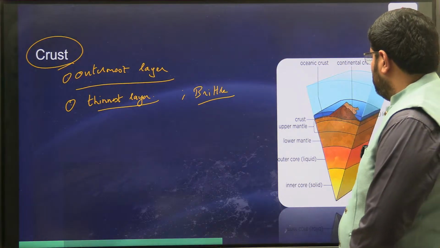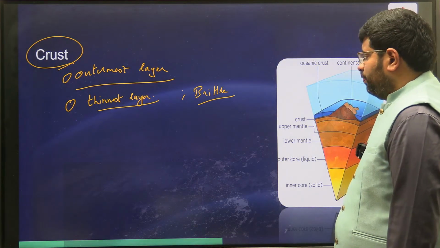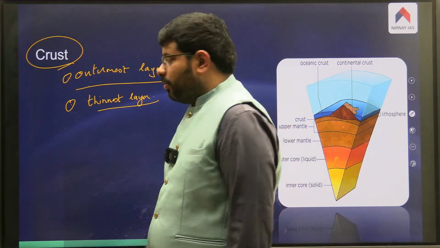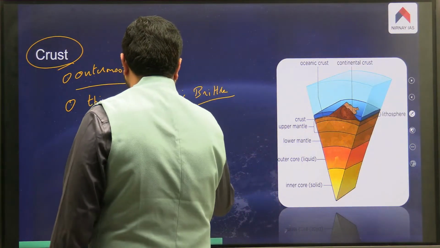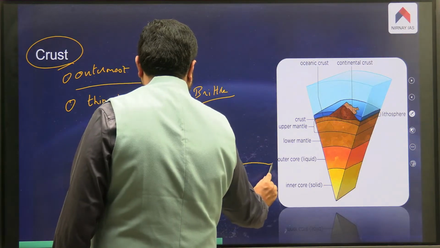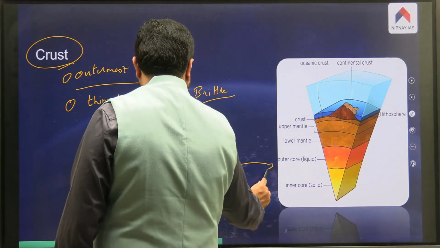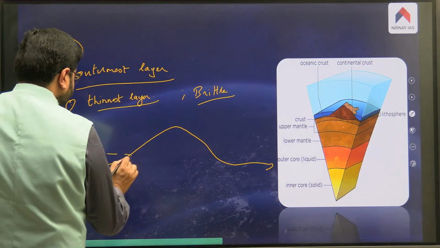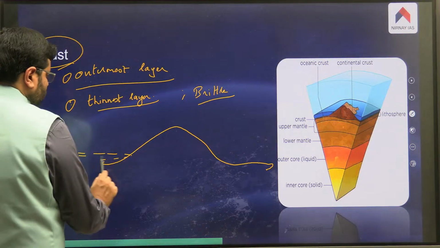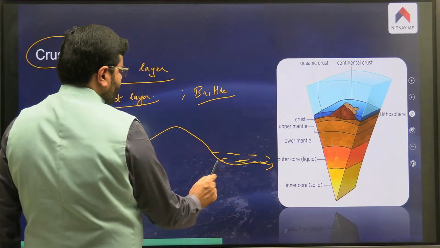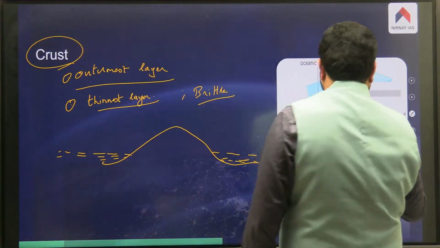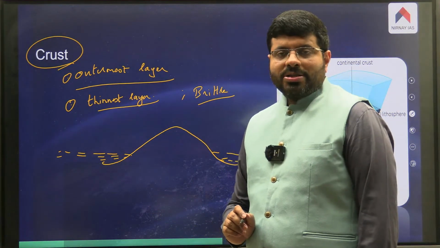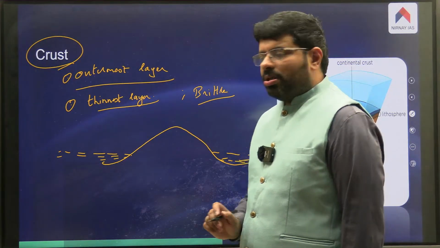And you see, how do you think the crust is there? Imagine this is the land. And here we have the ocean. The continental crust comprises materials like silicon, aluminum and so on.